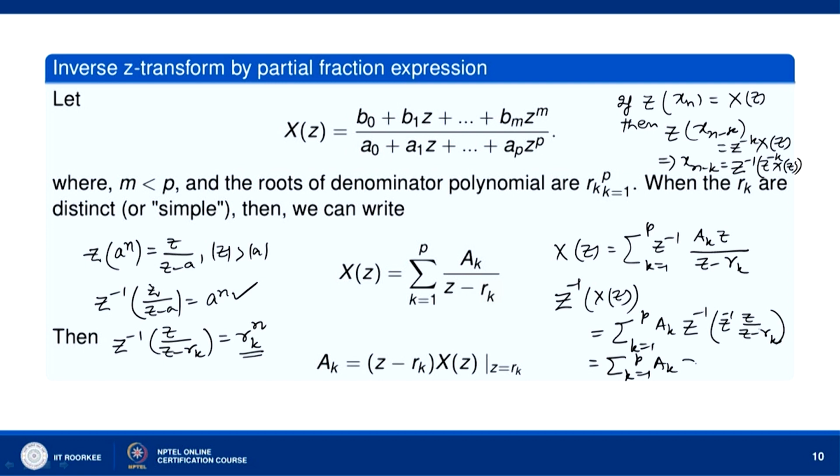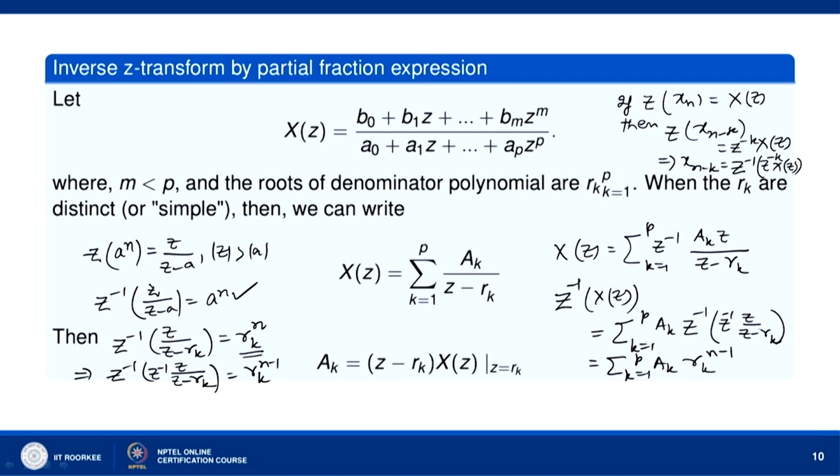So, we have r k to the power n minus 1. Okay. So, using this delay property, Z inverse of Z inverse into Z over Z minus r k is equal to r k to the power n minus 1.